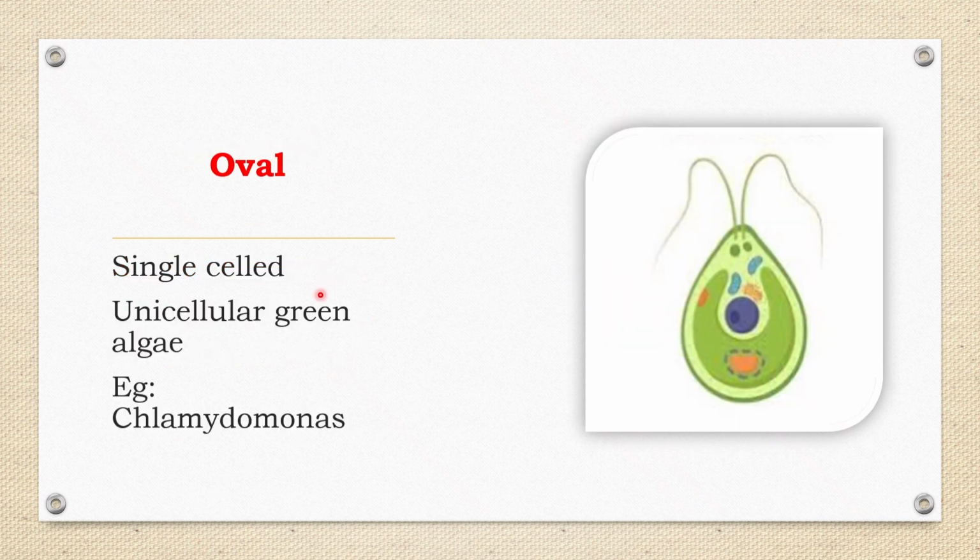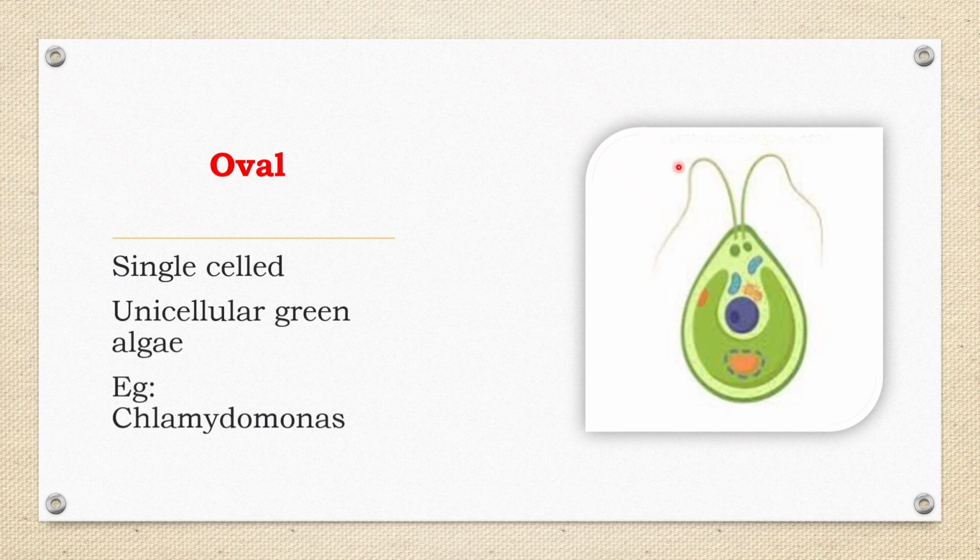See, this is Chlamydomonas, an example of an oval shape. This is also unicellular, one cell only. A single-celled green alga, basically found in ponds, lakes, or wet areas. It uses sunlight like plants, and it is green in color because it has chlorophyll inside it.